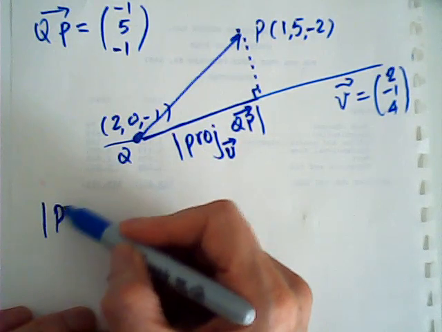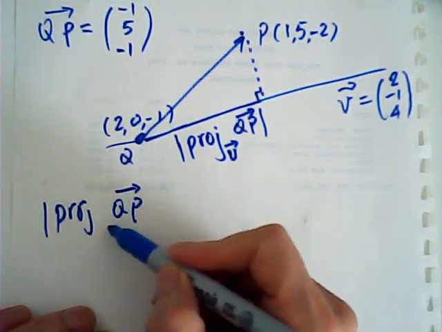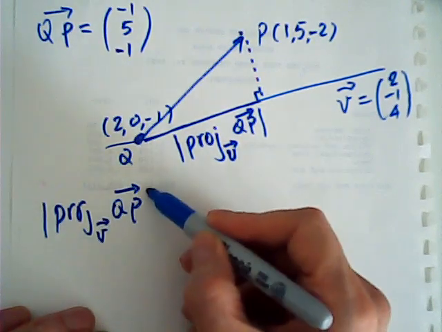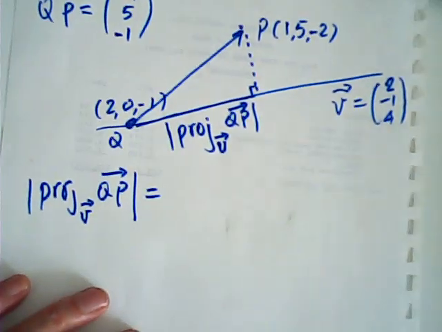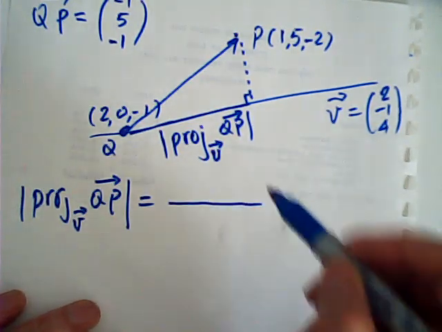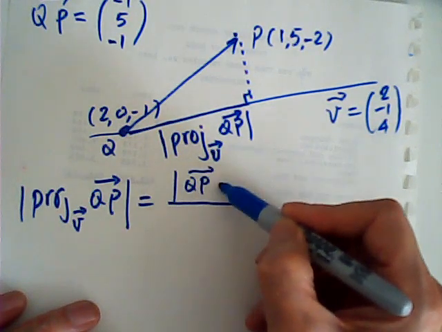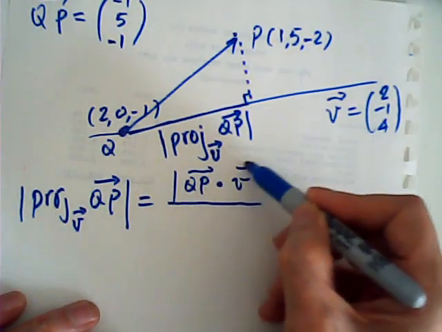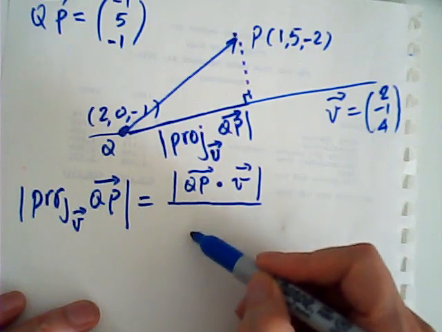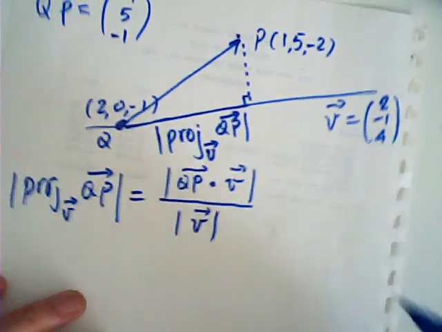So the projection of QP onto v is equal to the absolute value of QP dot v, divided by the norm of v.